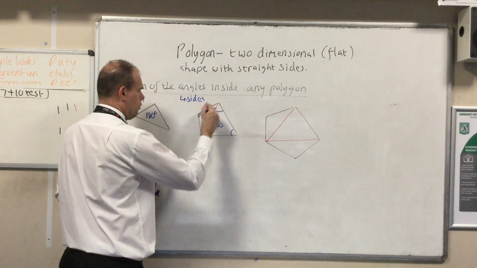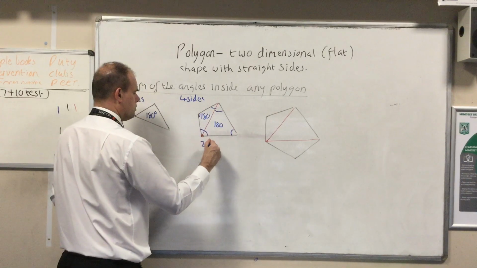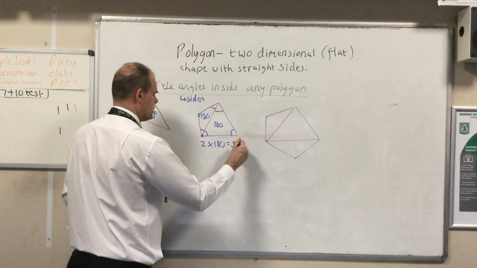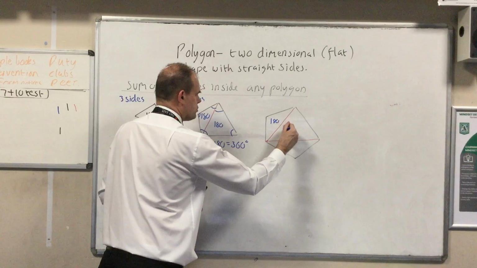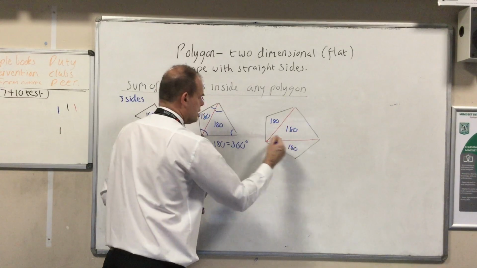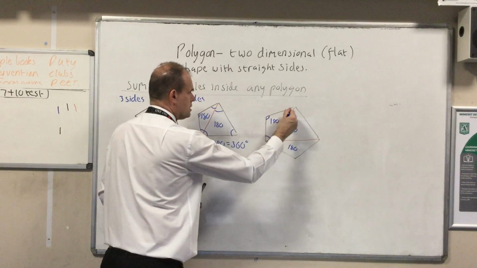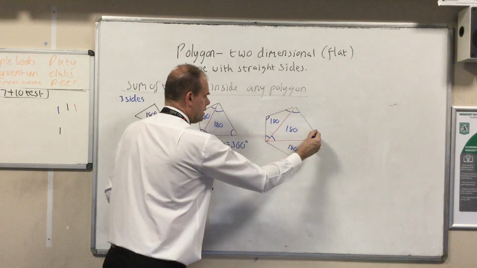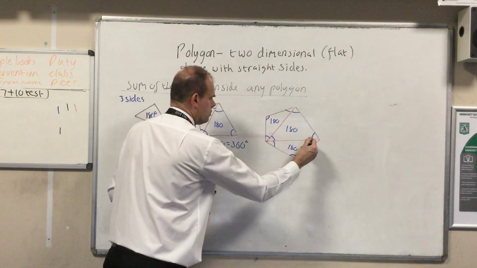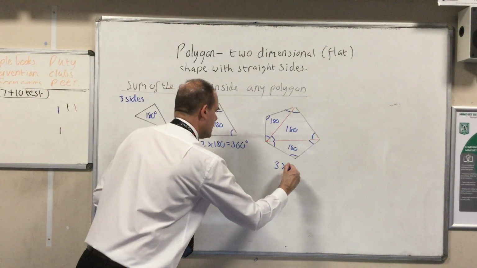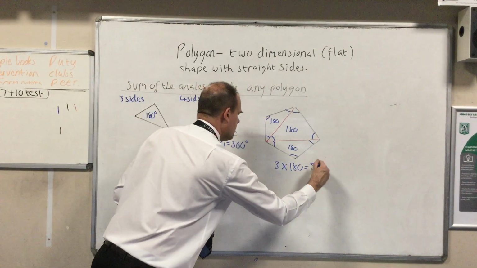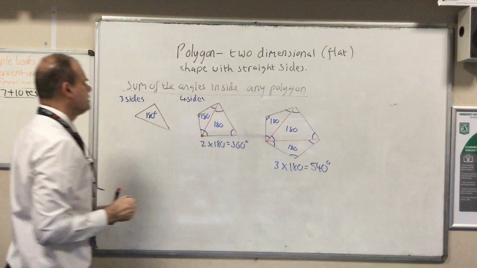So in total, all 4 corners are covered. 2 times 180 gives you 360 degrees. And there was a pattern built in, yeah? This one can be split into 3 triangles, each giving 180 degrees. That triangle's putting angles into these corners. And then the last triangle completes all the corners, and all 5 angles add up to 3 times 180, okay, which is 540. There's a little pattern developing, yeah?